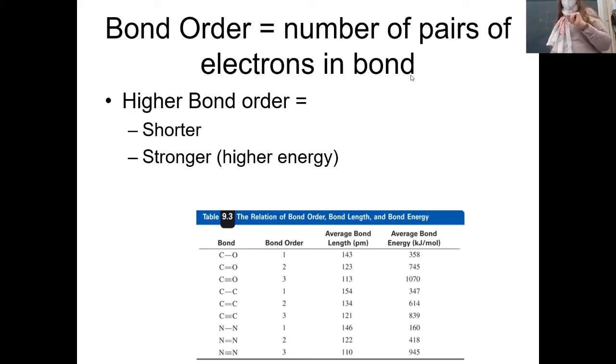All right, now let's look at the energies. Carbon-oxygen, 358, carbon-carbon, 347. Those are not too far from each other. Nitrogen-nitrogen, 160. That's a lot less. That's less than half of the others. Okay, so a nitrogen-nitrogen single bond is very weak.